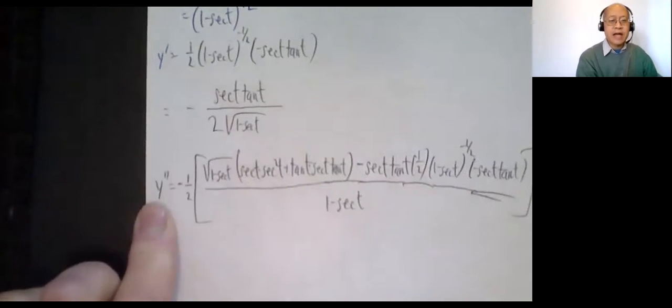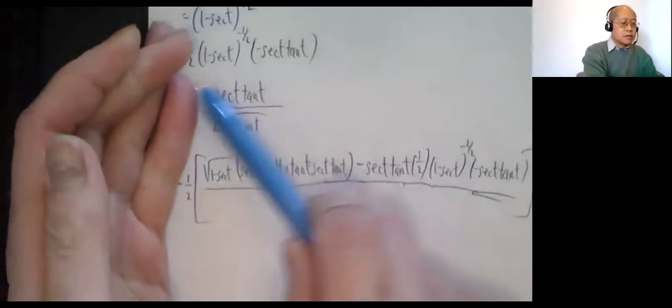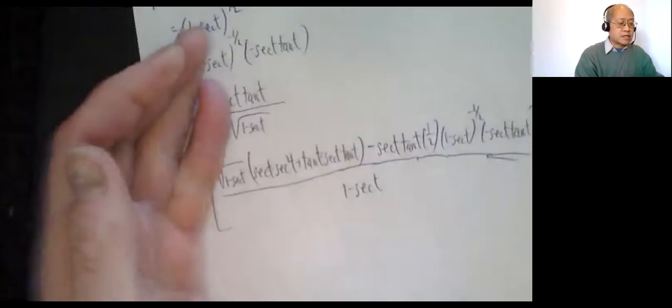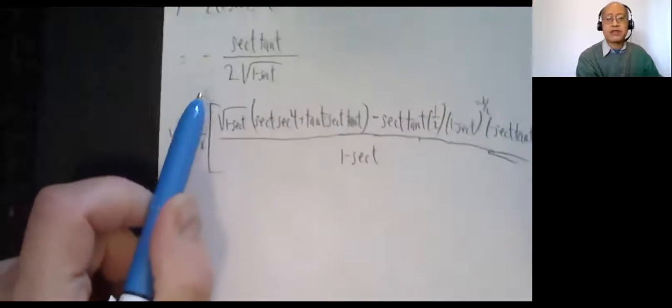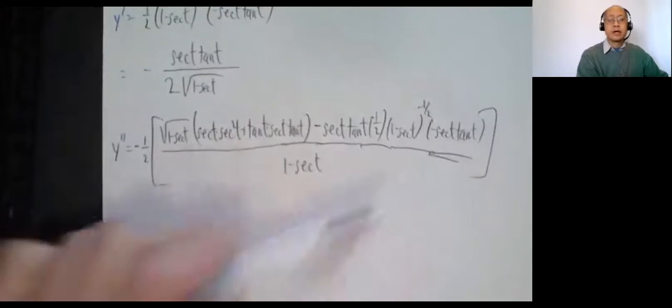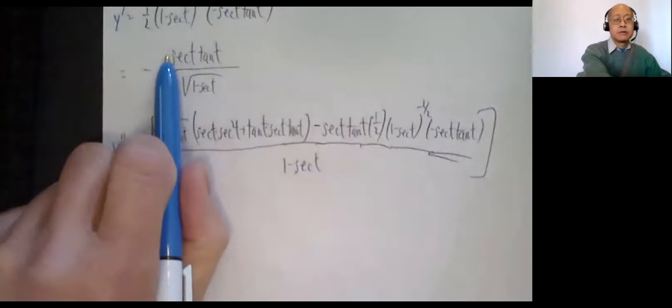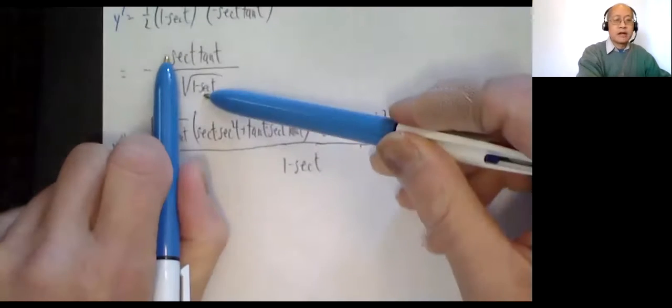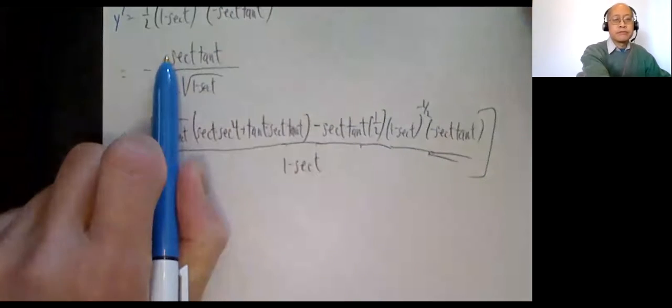Therefore, the derivative is -1/2 times the derivative of the rest of the stuff, which is all of this. So that -1/2 is out of the picture. I don't have to think about it anymore. Now I just have to worry about that, and that, right?